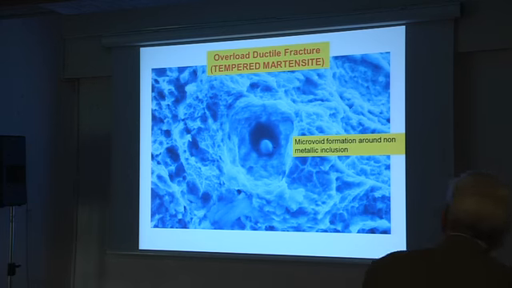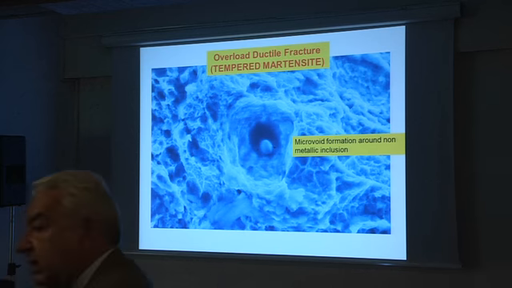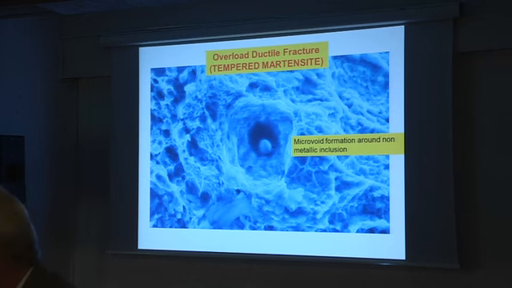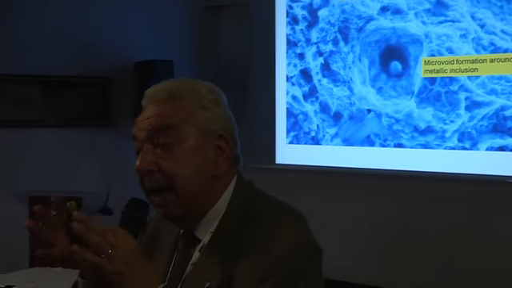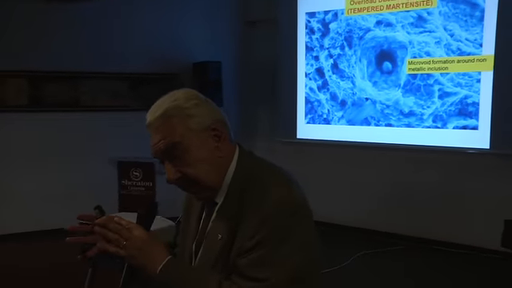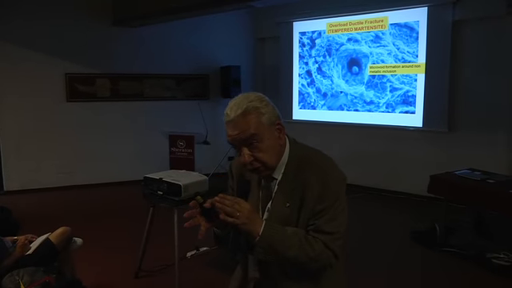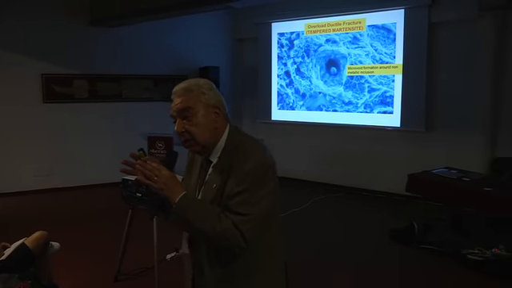Again, the main mechanism in this case, whereas before we were seeing cleavage, then we were seeing intergranular, now we are really seeing a ductile fracture by microvoid coalescence, microvoid generation, and then microvoid coalescence.